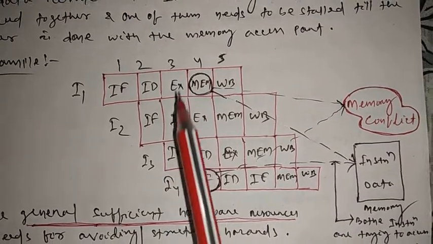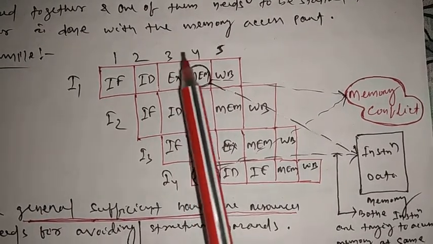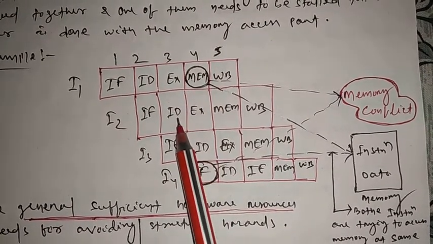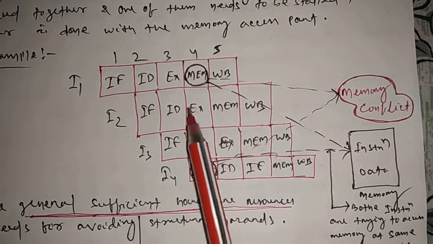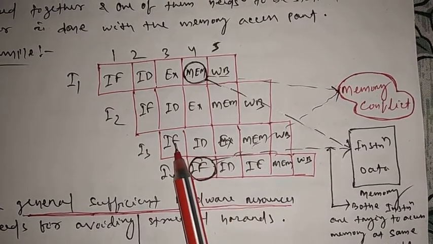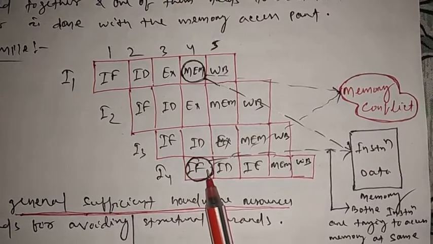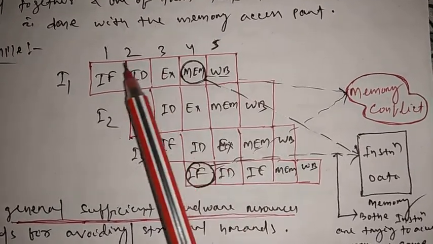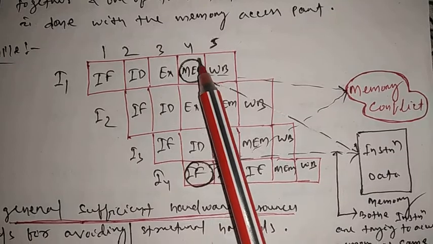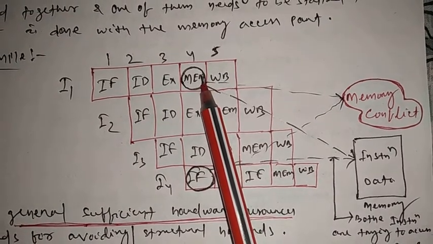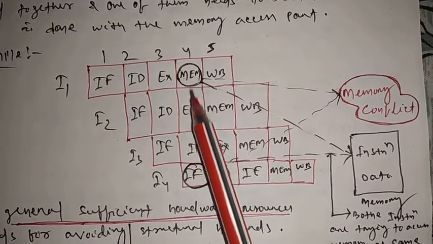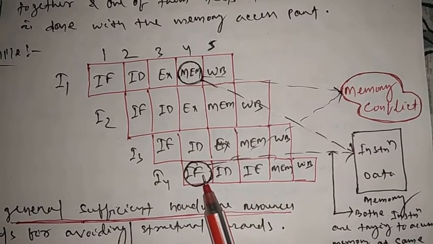When instruction 1 moves to the fourth stage, instruction 2 moves to the third stage, instruction 3 moves to the second stage, and instruction 4 is loaded into the pipeline.